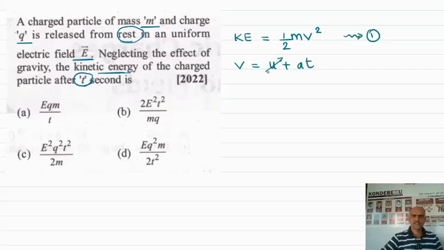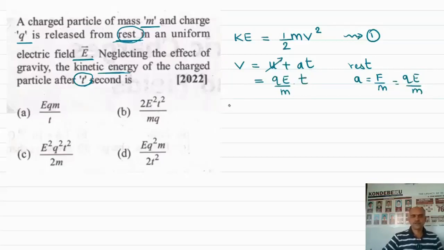U is 0 since it starts from rest. Acceleration is given by F by M. F is nothing but QE, so acceleration is QE by M. So V is QE by M into T.